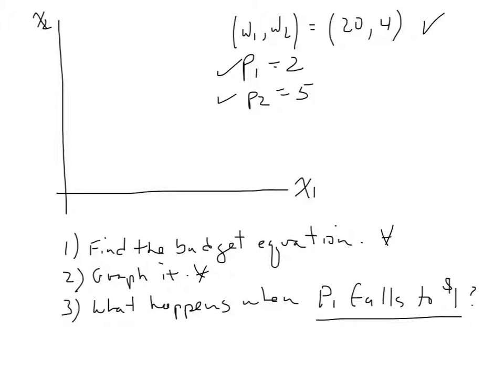So to solve this problem, we're going to do what we did before. We're going to take the price of good 1 and multiply it by the amount of good 1 that we have, so 2 times 20, and add that to the price of good 2, which is $5, multiplied by the amount of good 2 that we are endowed with, which is 4. Now why are we doing this?